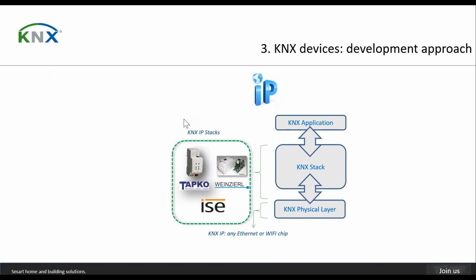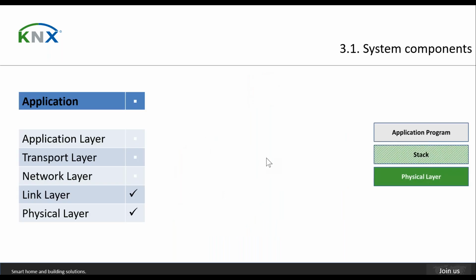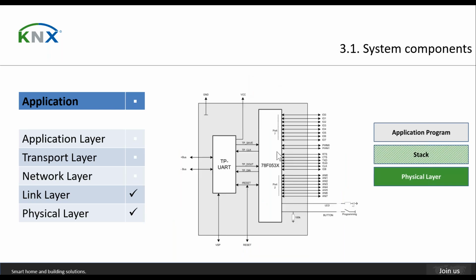Also IP. In this case, the physical layer is not KNX specific, but it can be Ethernet or Wi-Fi. And there are specific KNX stacks to deal with this physical layer. So system components that give you physical layer and part of the stack, that's one of the options.